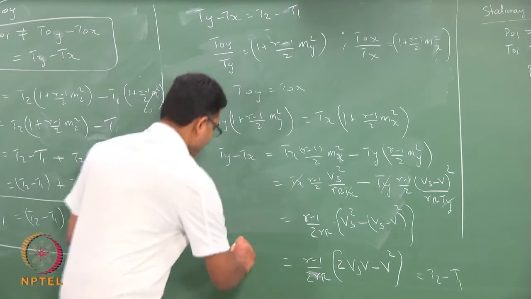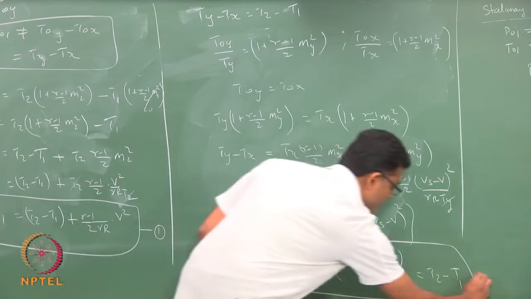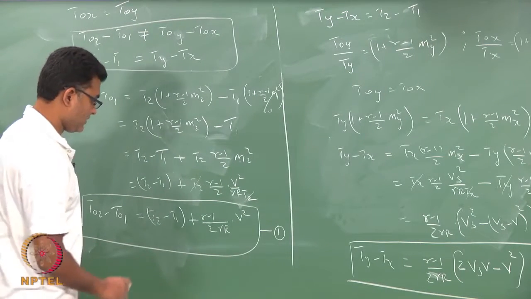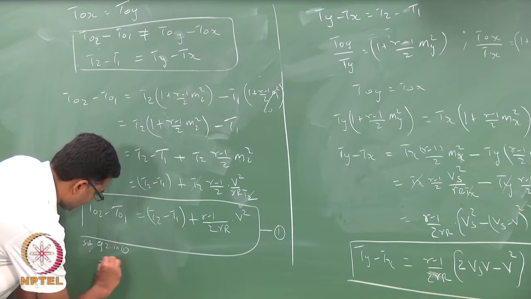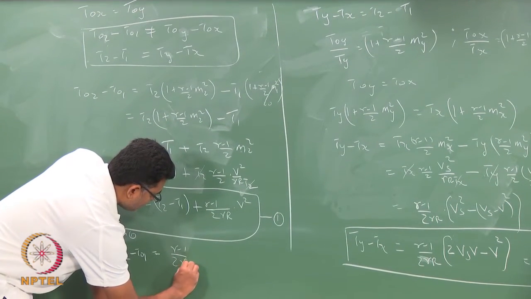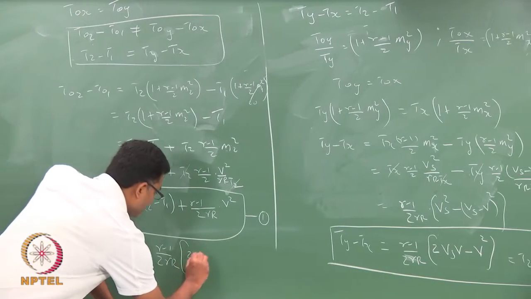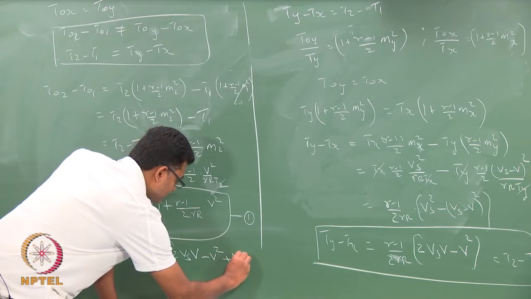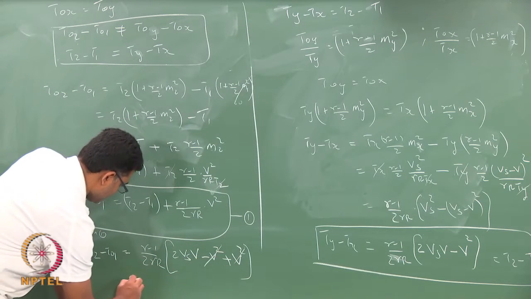So, if I substitute this equation, equation 2, in 1, substituting equation 2 in 1, I would get T02 minus T01 as gamma minus 1 by 2 gamma R within brackets 2 Vs V minus V square, then this plus V square, which is nothing but this quantity.